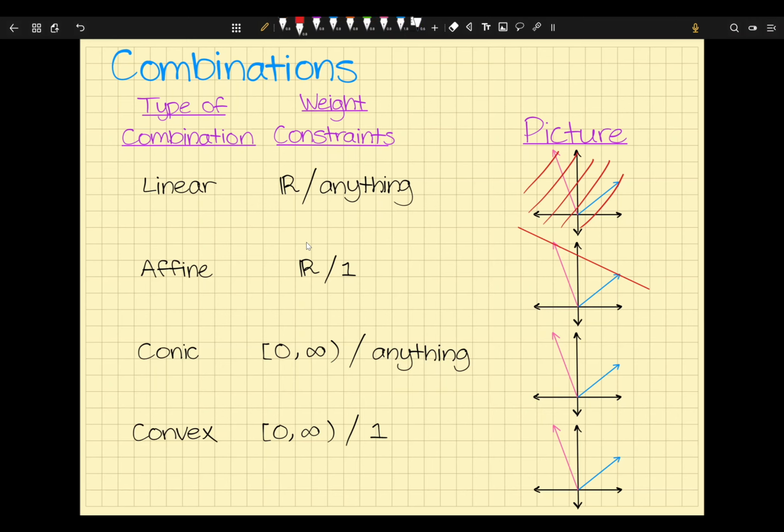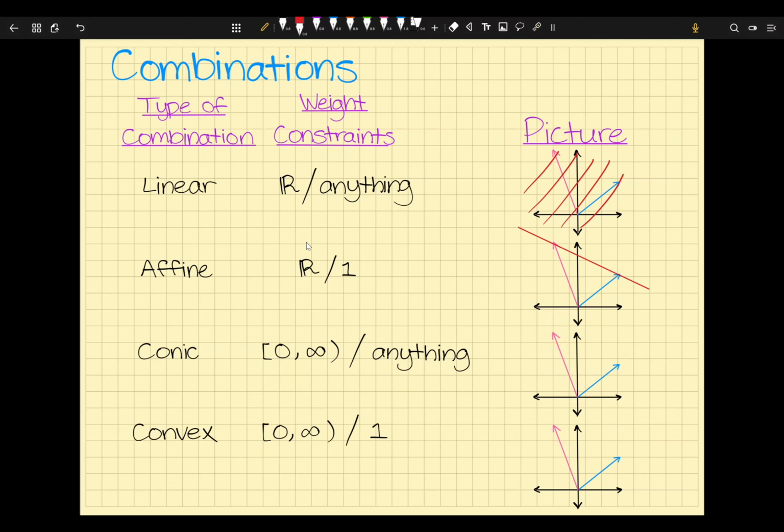And then if we want to do a conic combination, we're only taking non-negative weights of our vectors. So certainly we're not going to get anything over here. We must get something in this direction or in this direction.